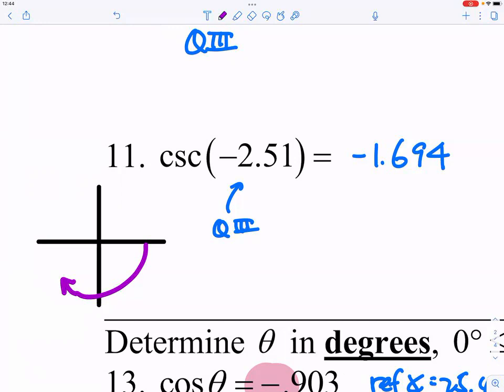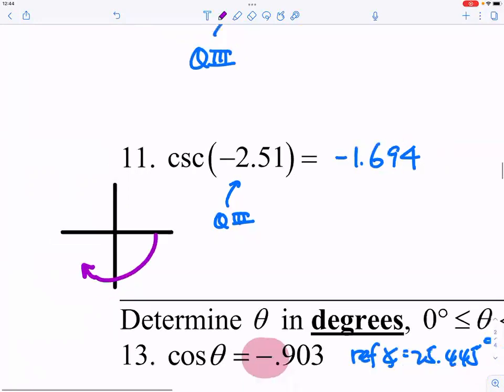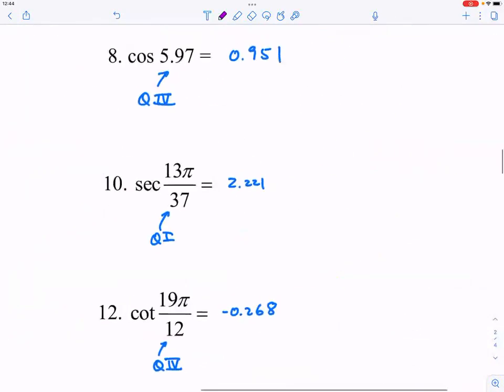This is 2.5 radians in the clockwise direction, so you can tell that's around 150-ish. Then you will also know that it falls into quadrant 3. Do you have those numbers ready to go? That's a key thing. That's the thing I worry the most.